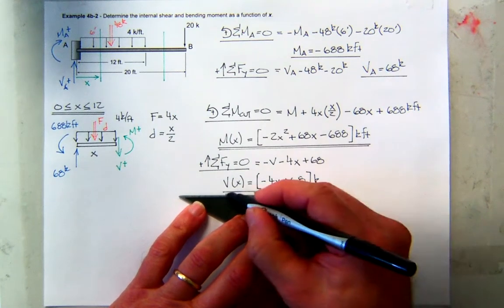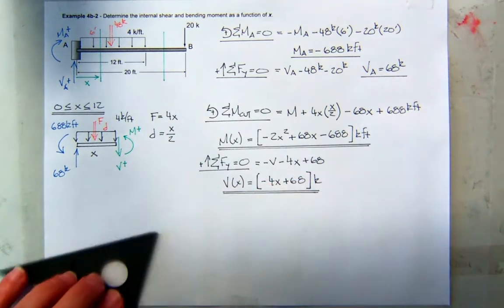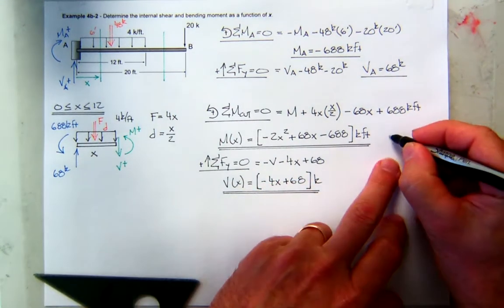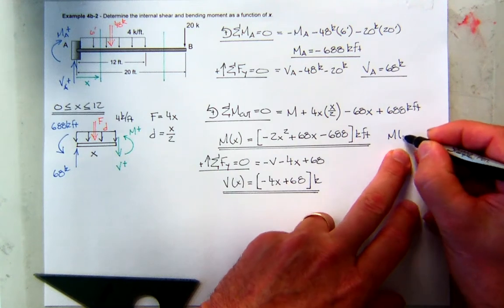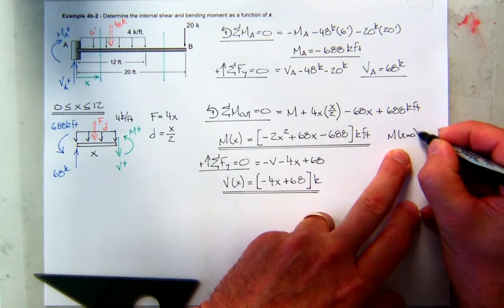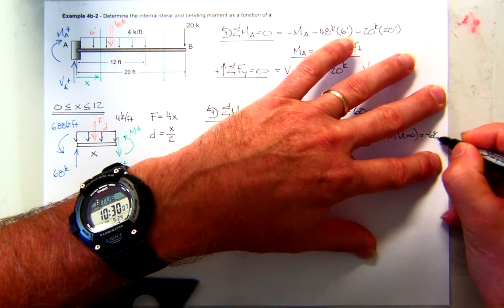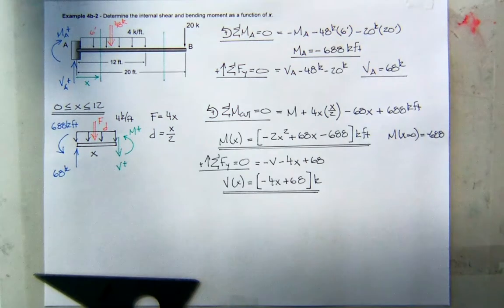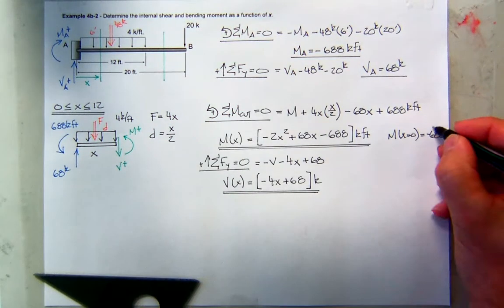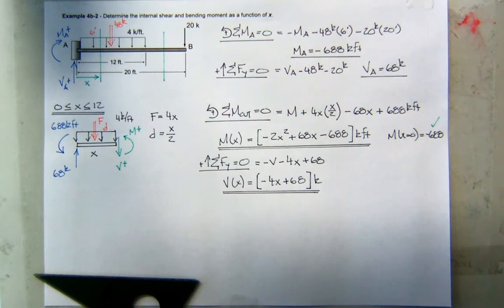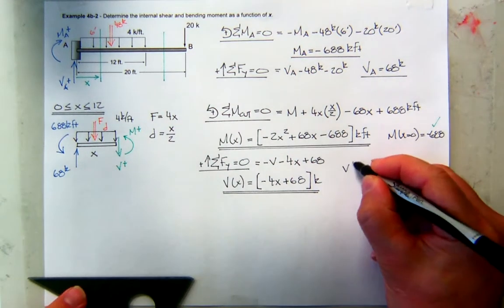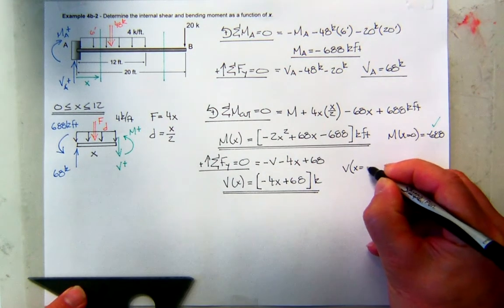Now we can do a couple of checks. So I should write this over here. We've just checked that the moment when x is equal to 0 should be minus 688. Kind of ran out of room. Sorry about that for the units. And we did check that, so that worked. Now I can check my shear at x equals 0.